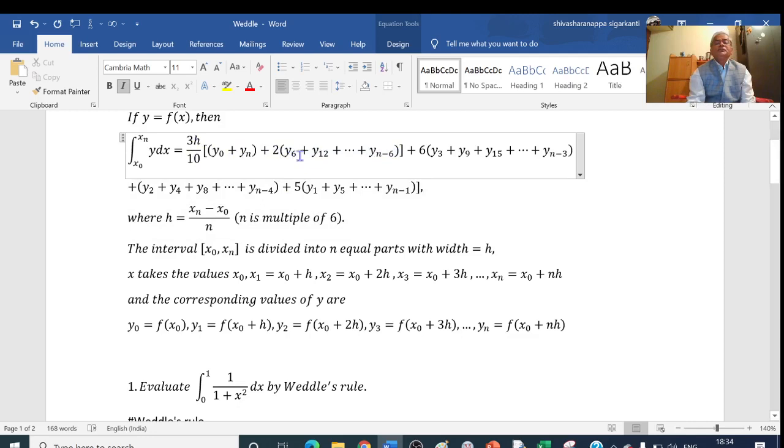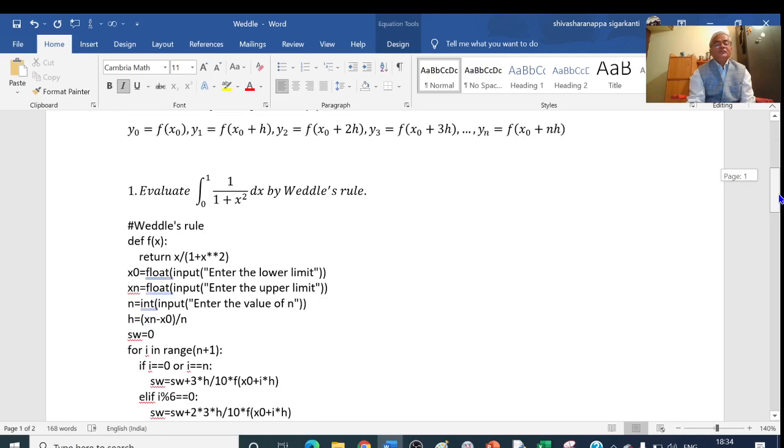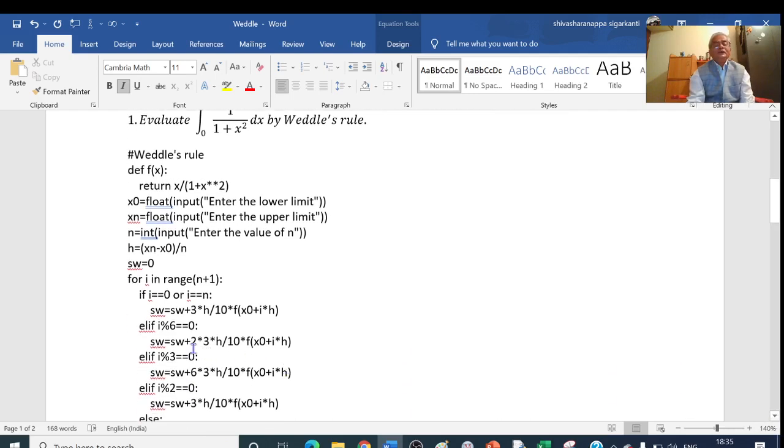If the suffix is divisible by 6, then the coefficient is 2 into 3h by 10 into f of xi, that is f of x0 plus i into h.